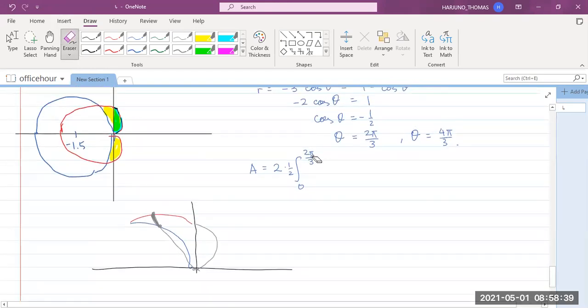So what happened is I need to break the integral into two parts.